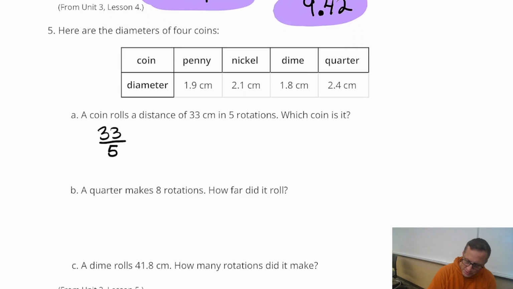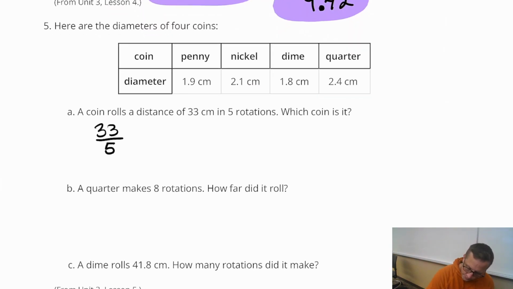So 33 divided by 5, which should be what, like 6 something? 6.6. All right, that's 6.6 centimeters.